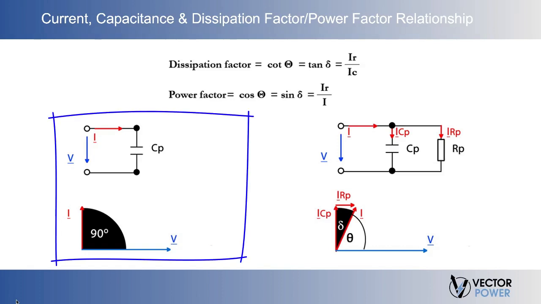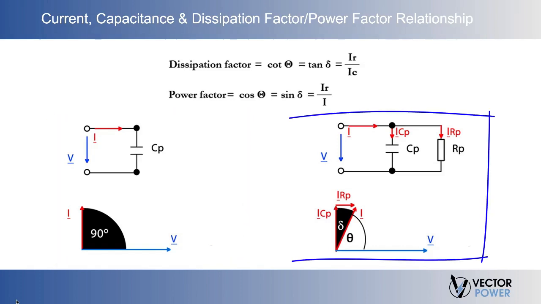In an ideal insulation system connected to an alternating voltage source, the capacitive current, or I sub C, and the voltages are in perfect quadrature with the current leading. In addition to the capacitance current, there appears in practice a loss current, I sub R, in phase with the voltage, as we see in this slide.